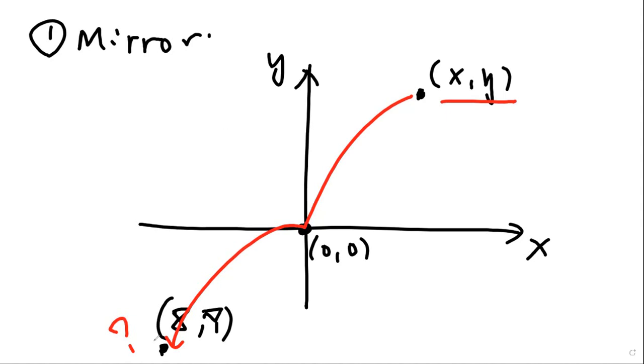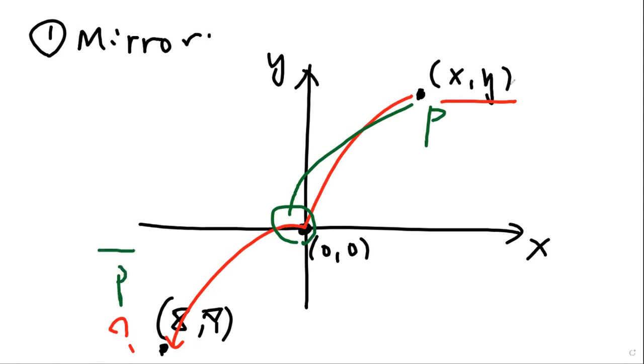And for mirror, how do you calculate this mirror location? It's not hard. We have one rule you can understand: this is the middle point of P and P bar. P and P bar has a central point.